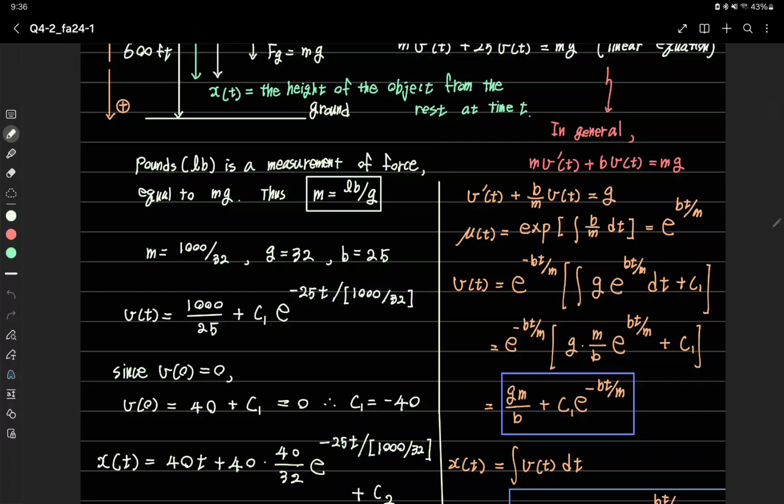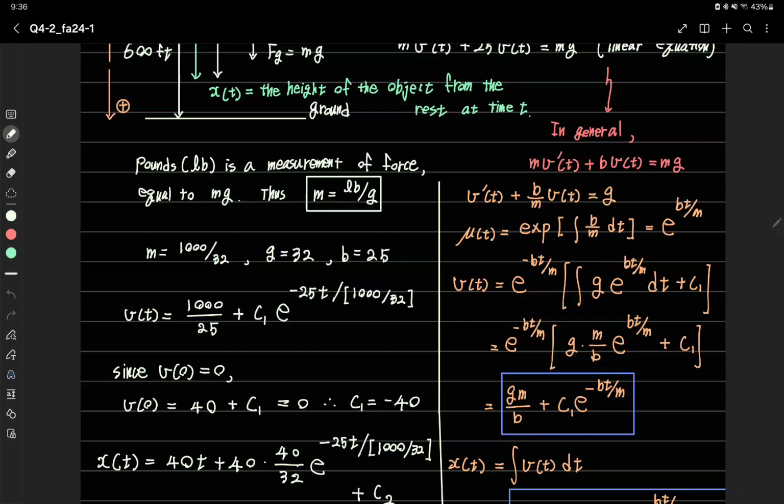So now m is going to be 1000 over 32, where g is 32 feet per second squared, and b is 25. So v of t is going to be 1000 over 25 plus c sub 1 times e to the negative 25t over 1000 over 32. I just plugged m, g, and b into the general solution of v of t.